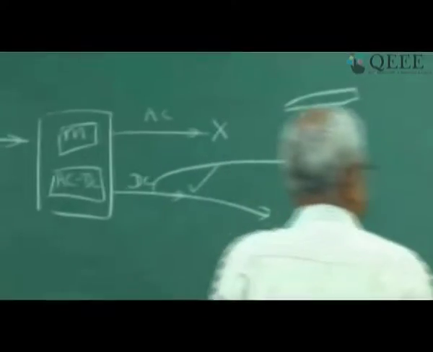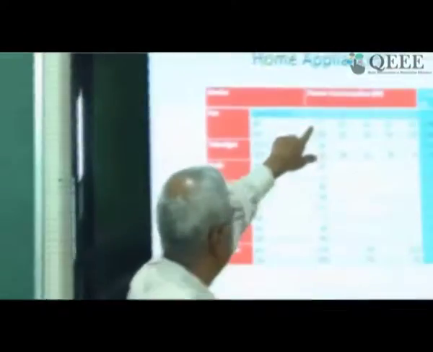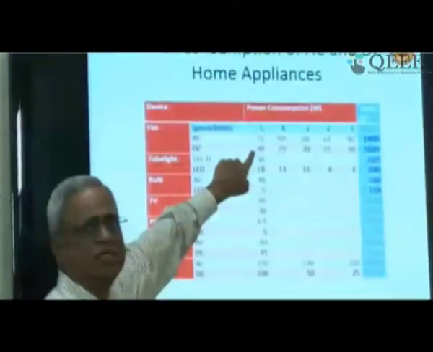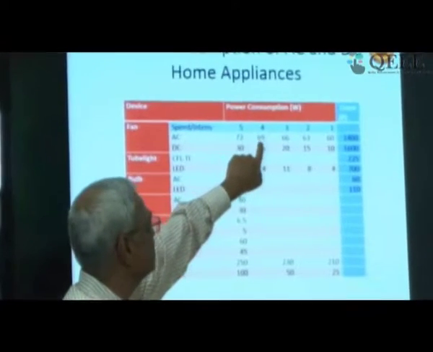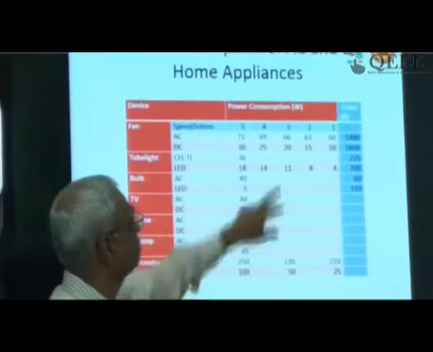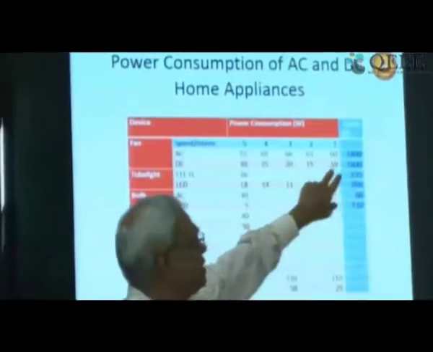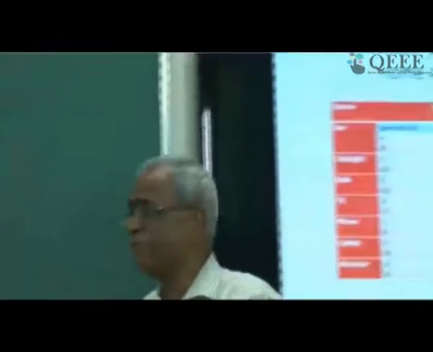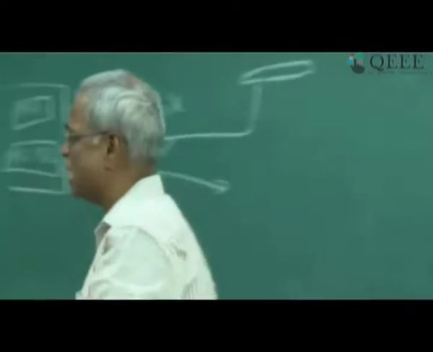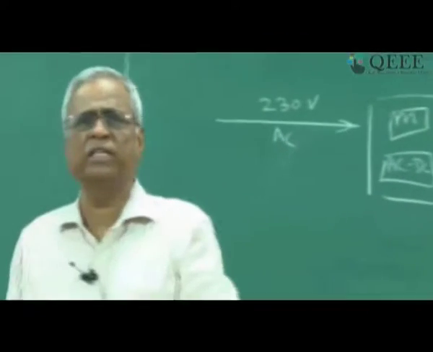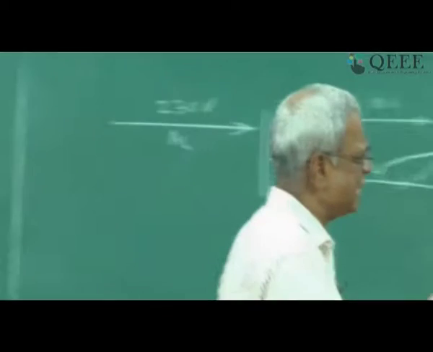So if the speed 5 AC fan consumes 72 watts, the DC fan consumes 30 watts. If it's speed 4, 69 and 25 watts. Speed 3, 66 and 20 and speed 1, 60 and 10. And I have given the cost. Remember the cost question was asked, typical cost 1400 rupees and 1600 rupees, plus taxes may be there.